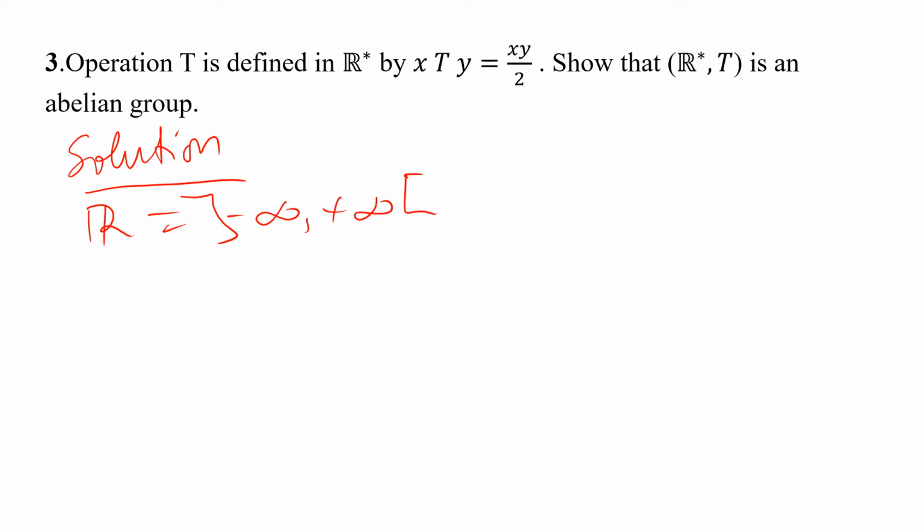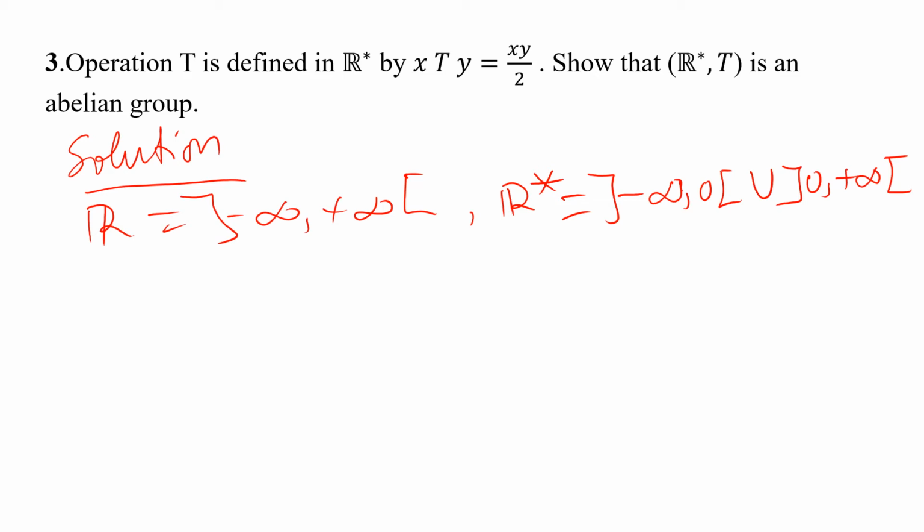R star is all real numbers except 0, which means that 0 is excluded. Then R star is defined as the interval minus infinity to 0 excluded, union 0 to positive infinity.